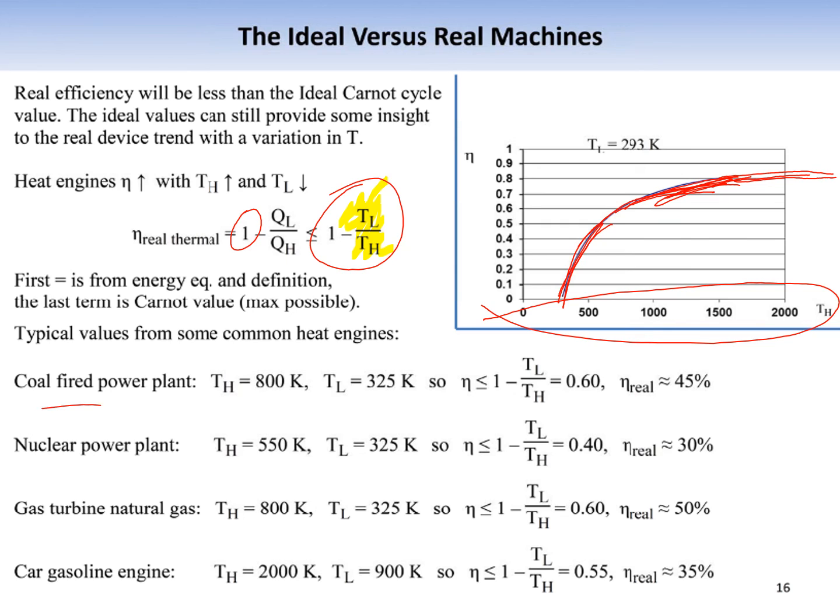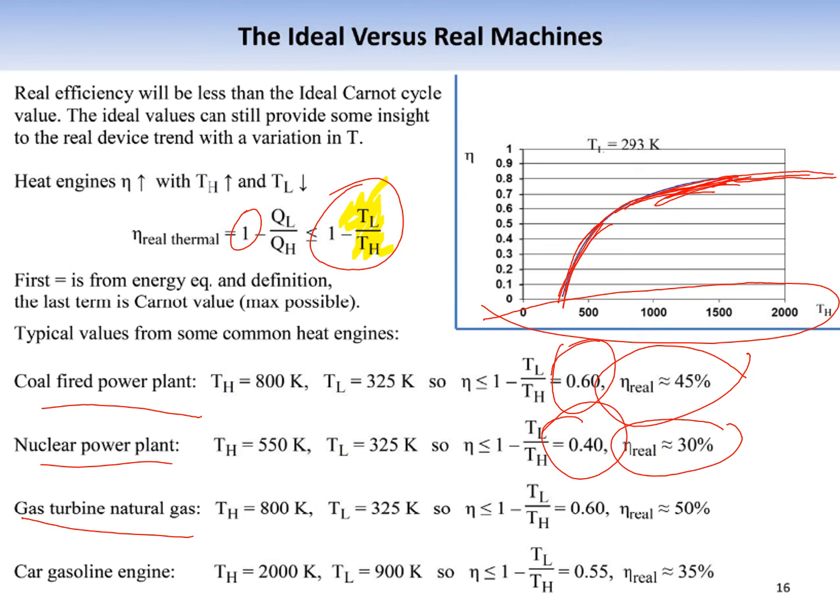So for a coal power plant, we have only 45% thermal efficiency, compared with the 60% Carnot efficiency. Then we have a nuclear plant that is only 30% efficient as compared to a Carnot efficiency of 40%. Then the turbine is 50% efficient compared to 60%.